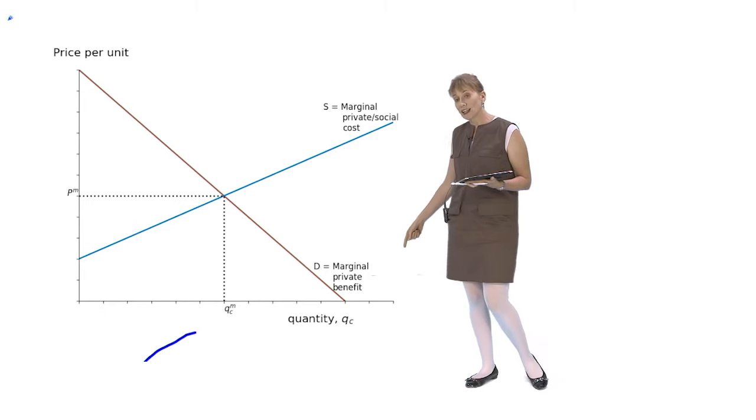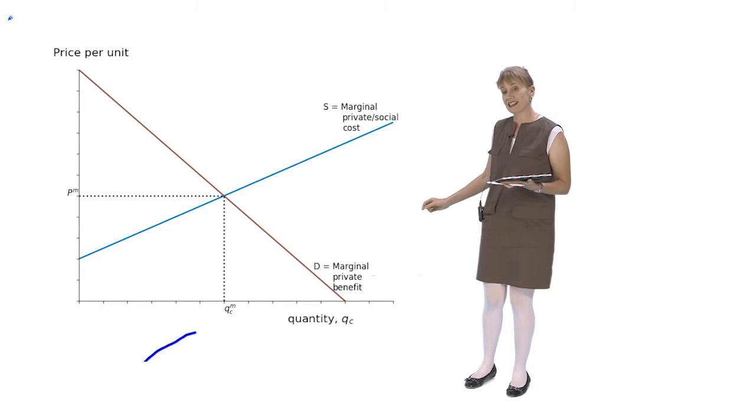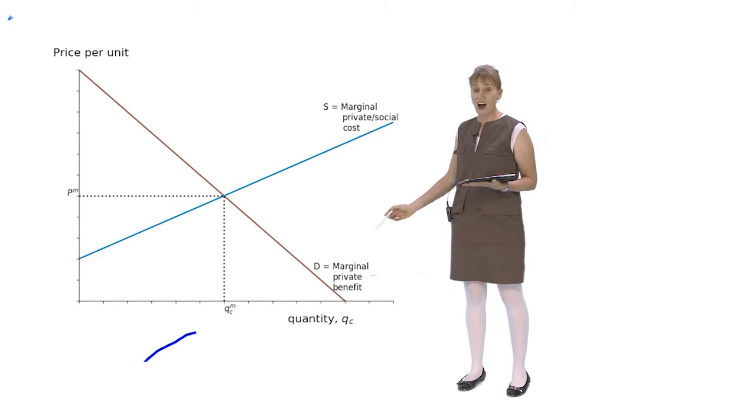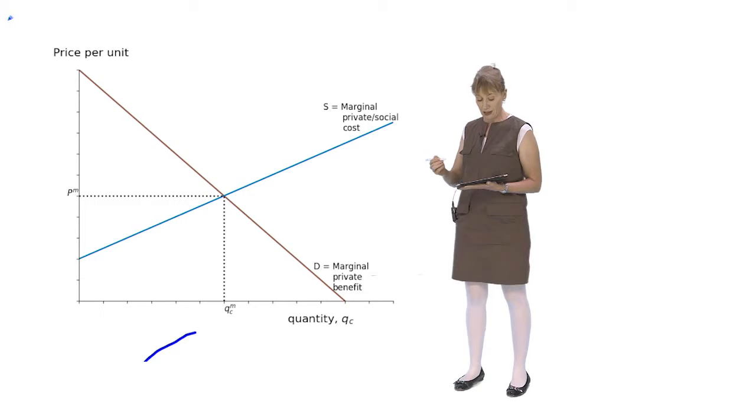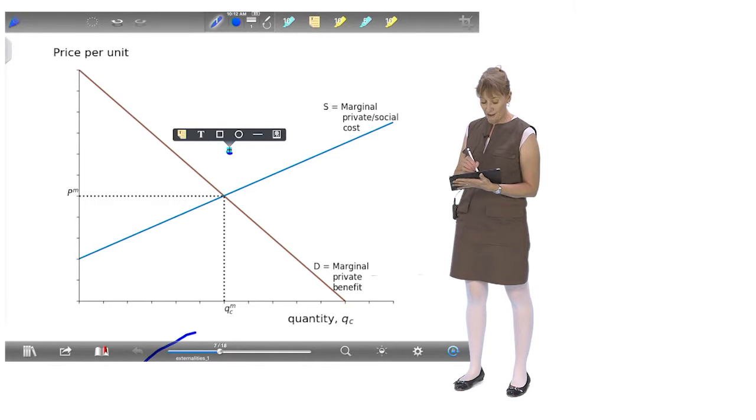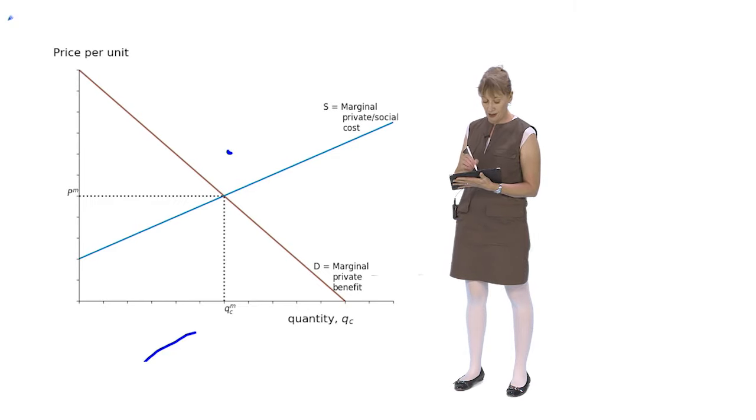But in a market with a positive consumption externality, others are positively influenced by my consumption. That means that marginal social benefit is greater than marginal private benefit at all levels of consumption.